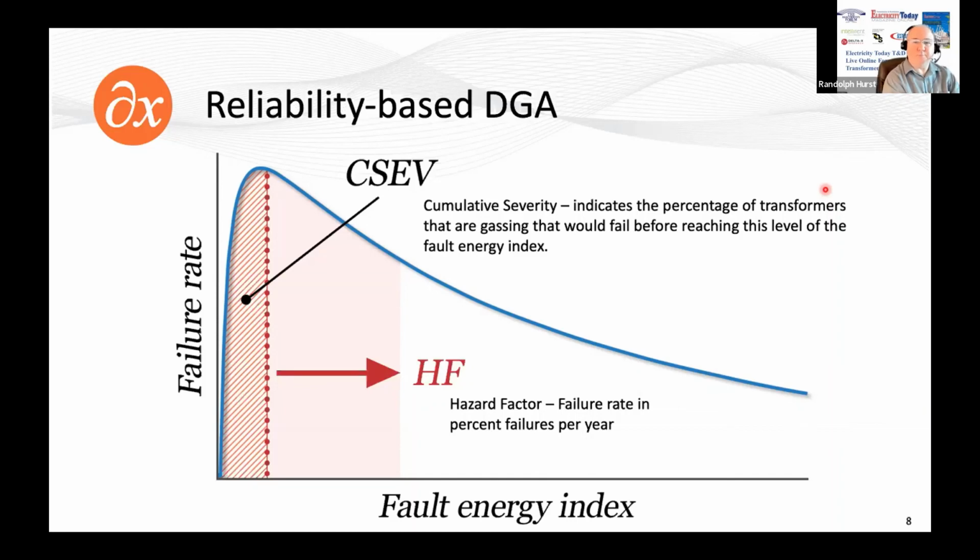Right, this is for transformer main tanks only. It doesn't apply to LTCs. Depending on the type of LTC, you're going to get gas production regardless, and that's normal. So right now, this is only for transformers. It does not break it down by transformer class at the moment.